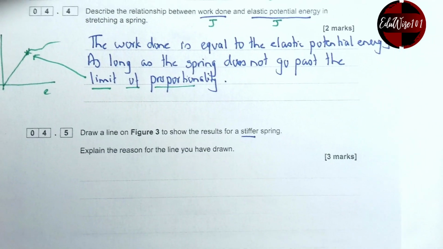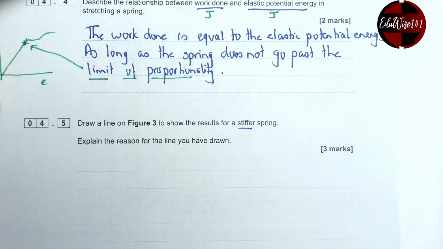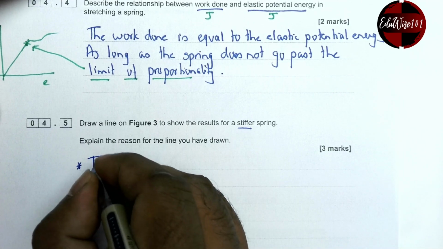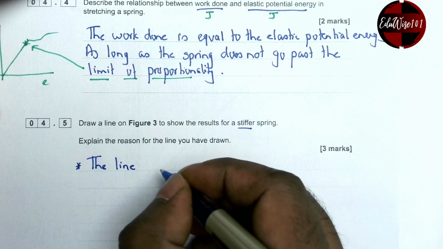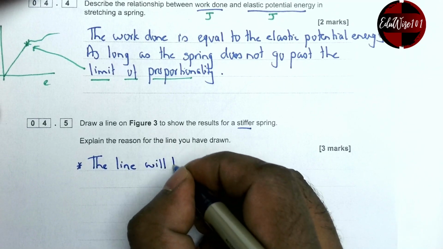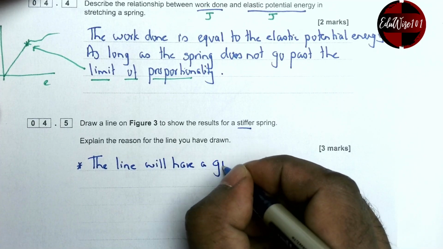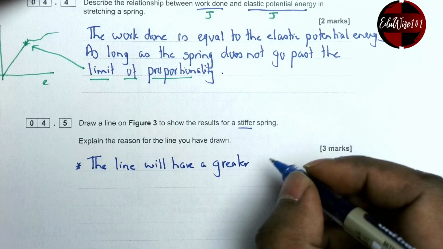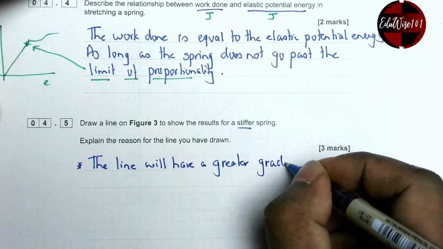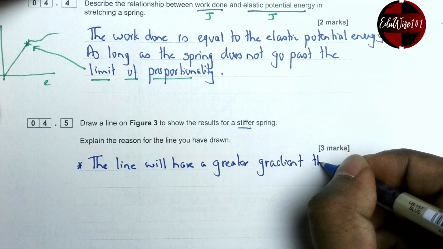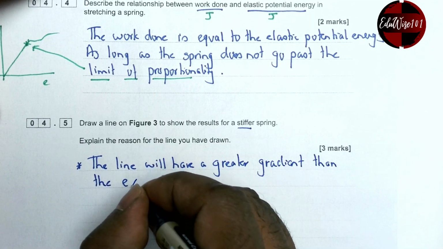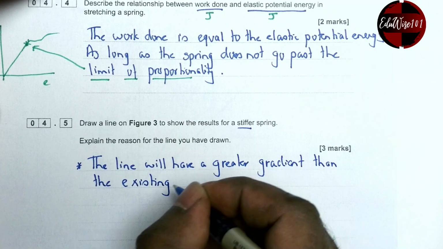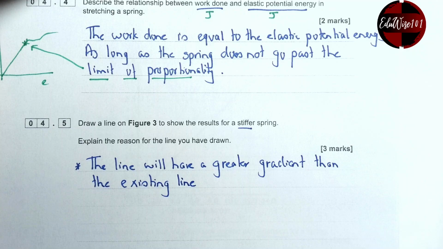So explain the reason for the line you have drawn. The line will have a greater gradient than the existing line.